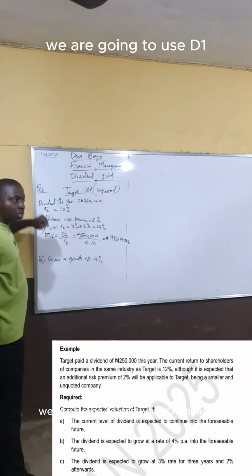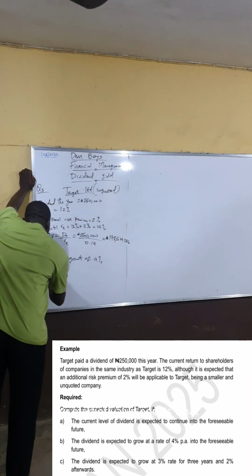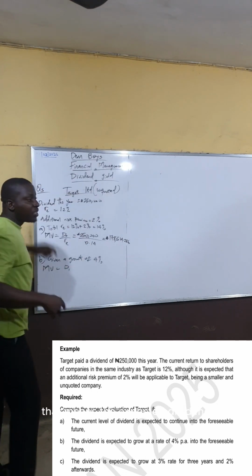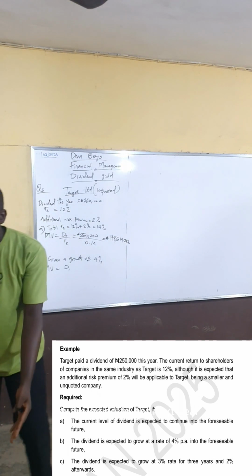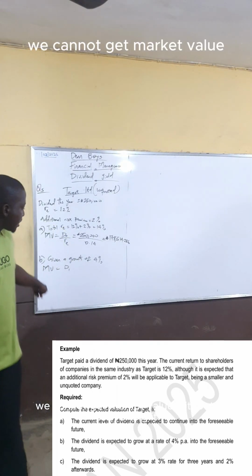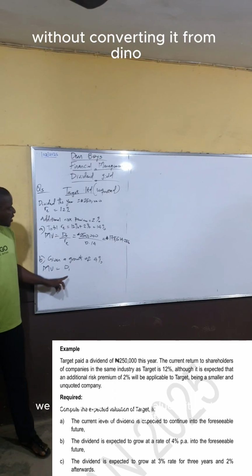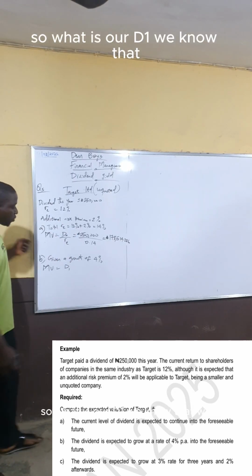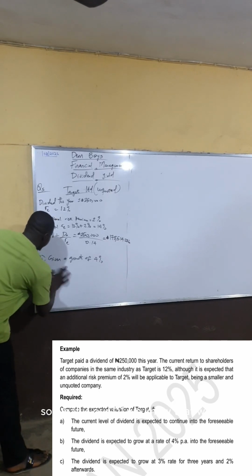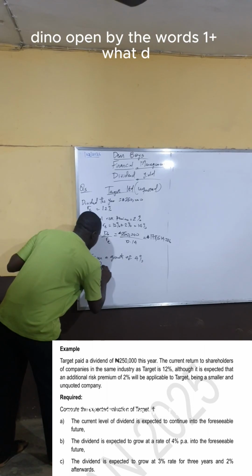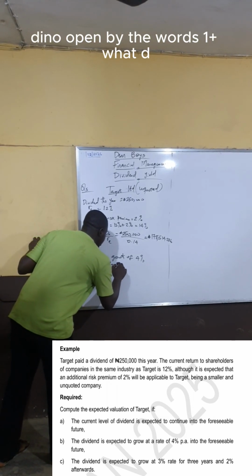We are going to use D1. Meaning our market value equals D1, the expected dividend we are going to get next year. There is going to be growth with it. We cannot get market value under growth without converting from D0 to D1. So what is our D1? D1 equals D0 times (1 plus g).